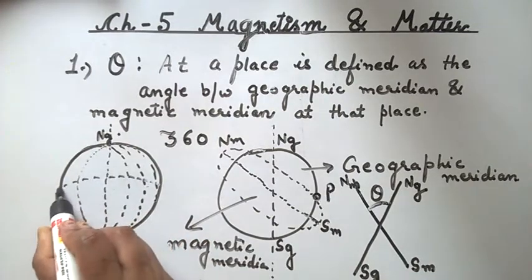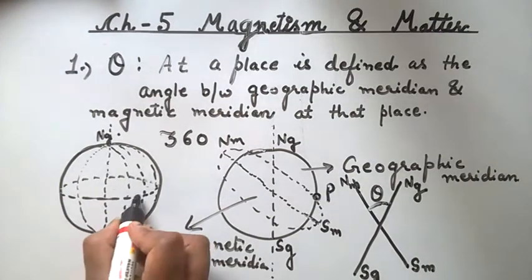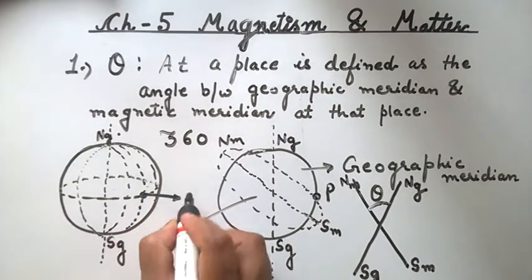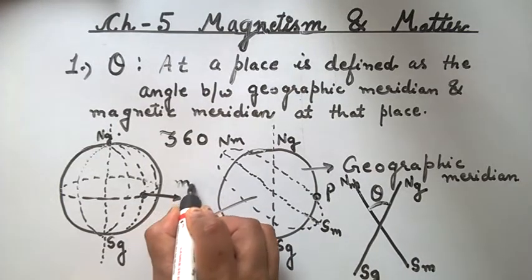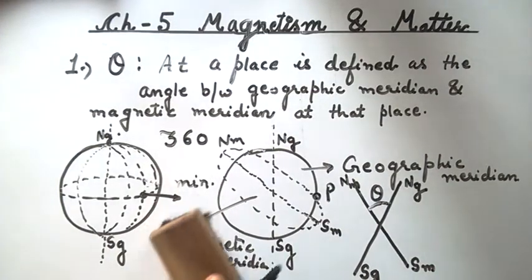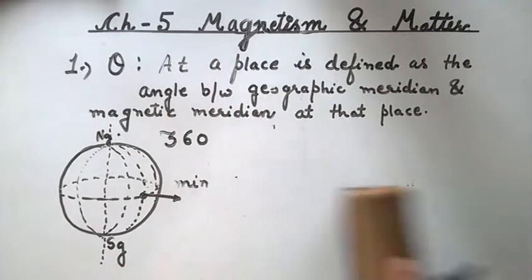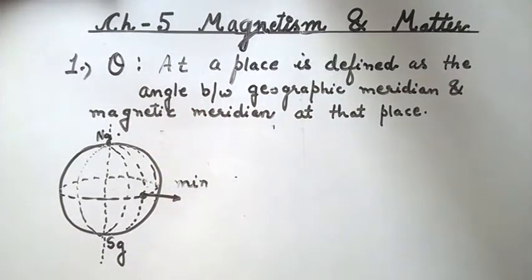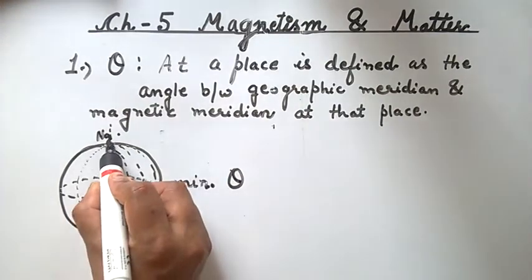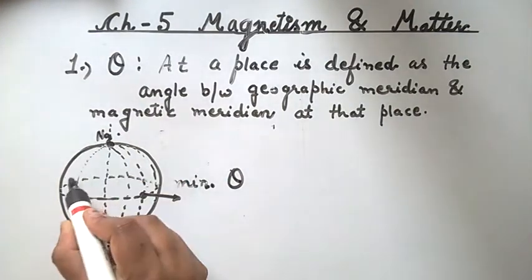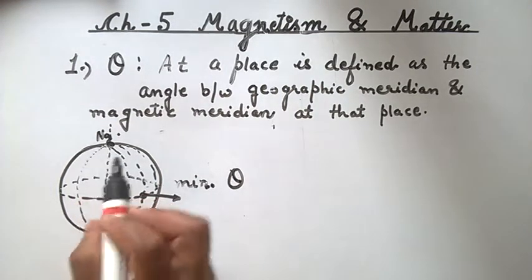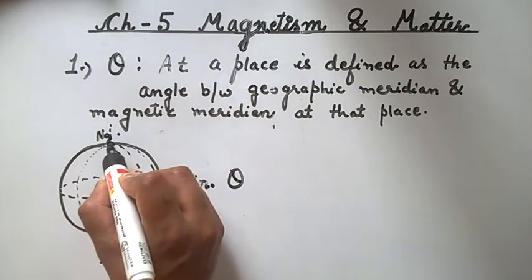At the equator, magnetic declination is minimum. And it is maximum, increasing with latitudes. As the latitudes increase, the value of magnetic declination increases.